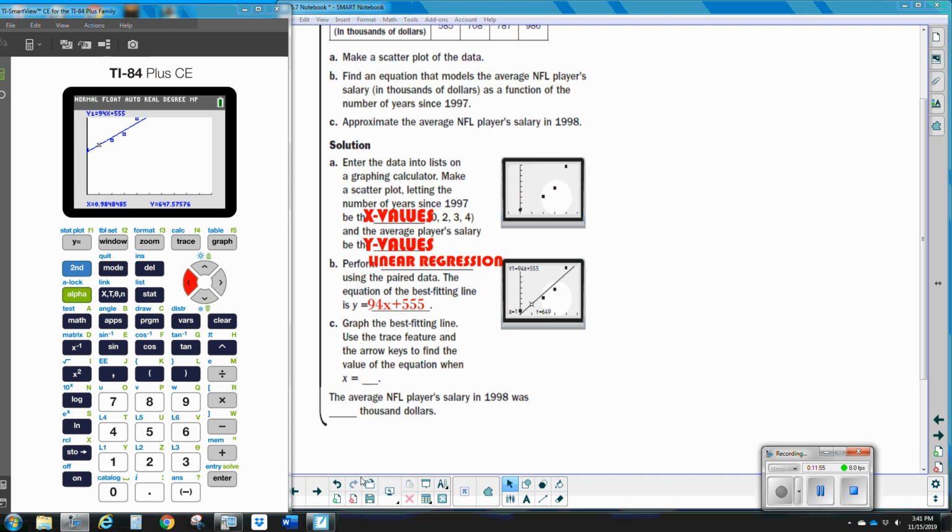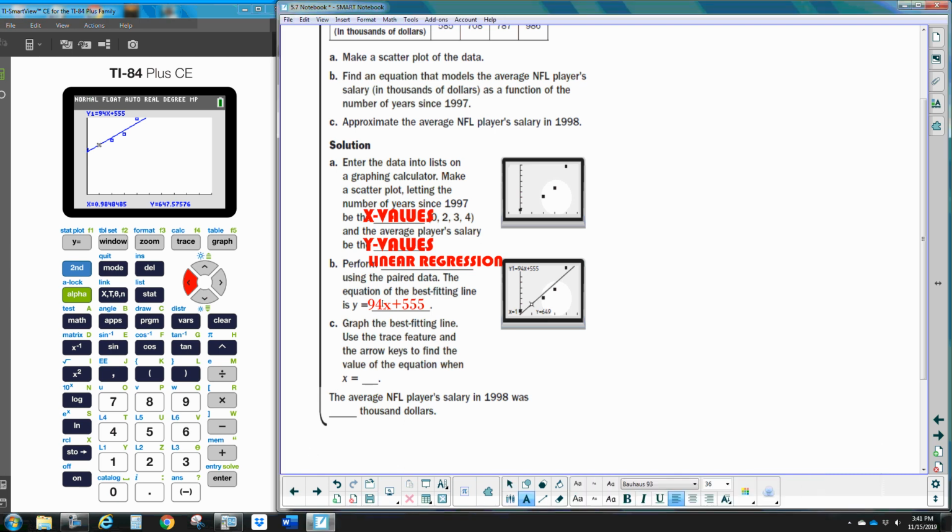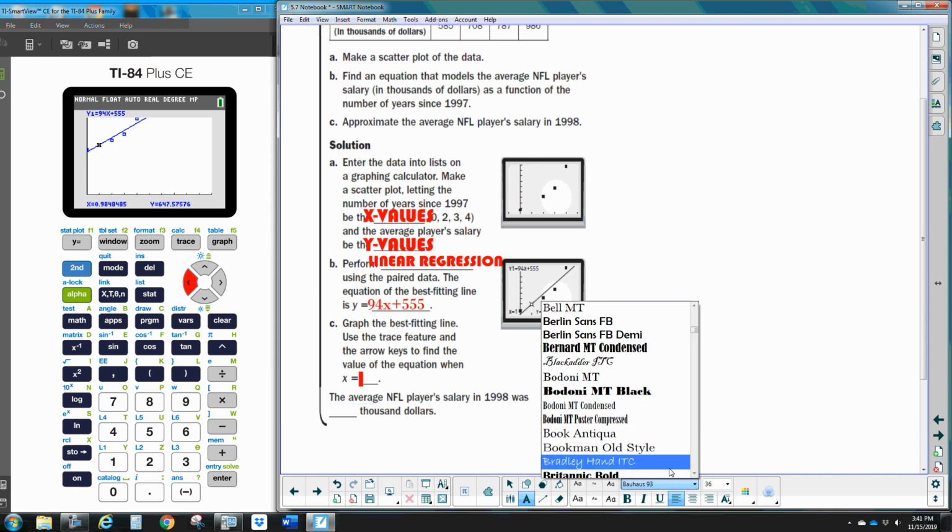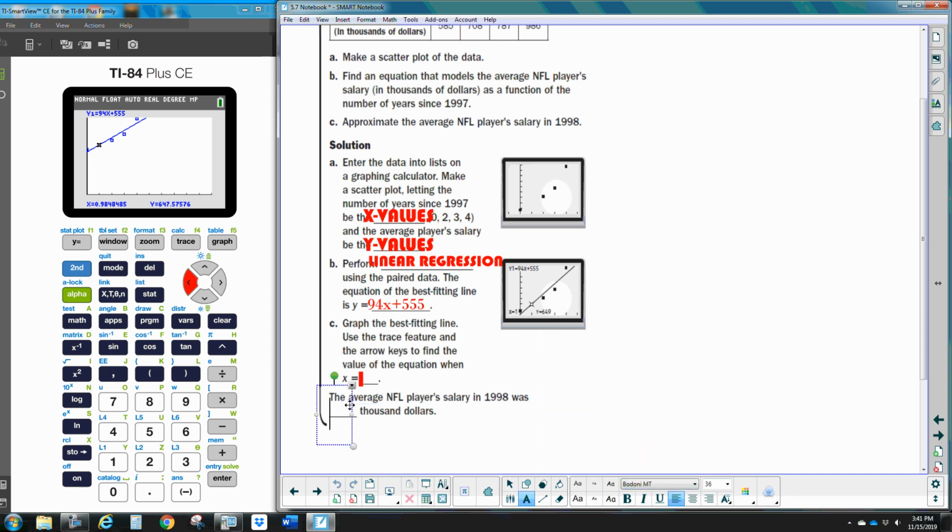If I actually plugged this value into my equation, which I did, after 1 year, I get $649,000.